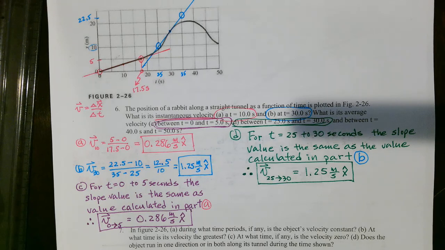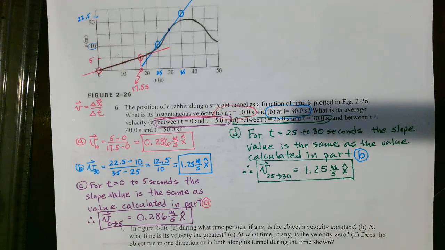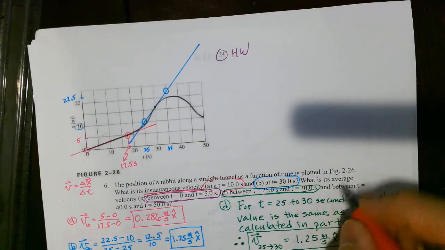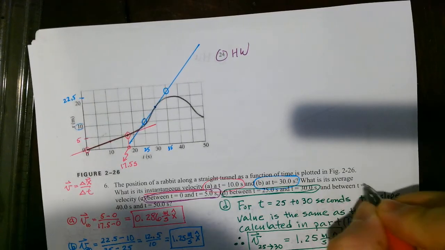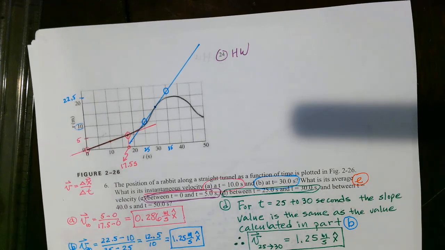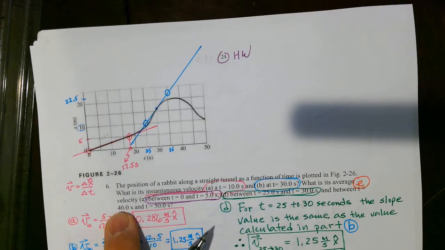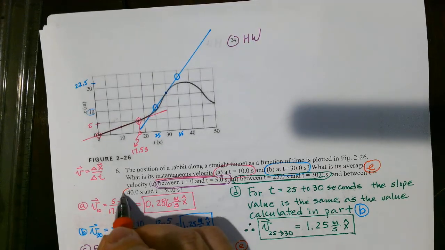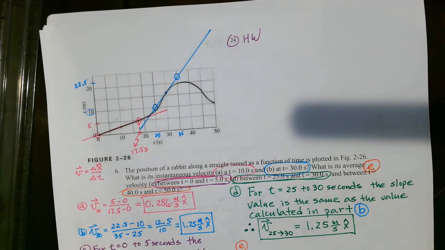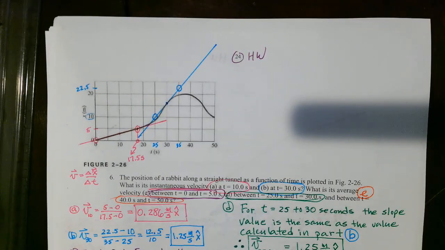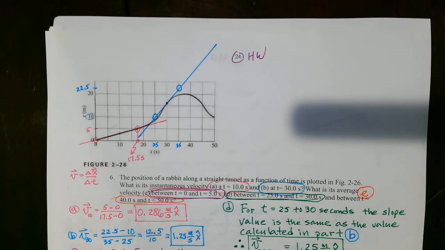Okay? And then I'm going to call this part E, so that you could distinguish. Part E asks, what about from 40 to 50 seconds? So for 40 to 50 seconds, we have to draw a secant line.